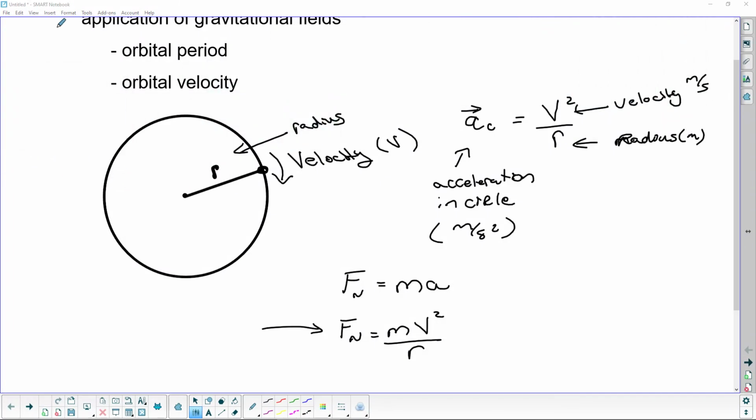All right. So if I plug in this value here for acceleration, this would be a circular force or centripetal force.